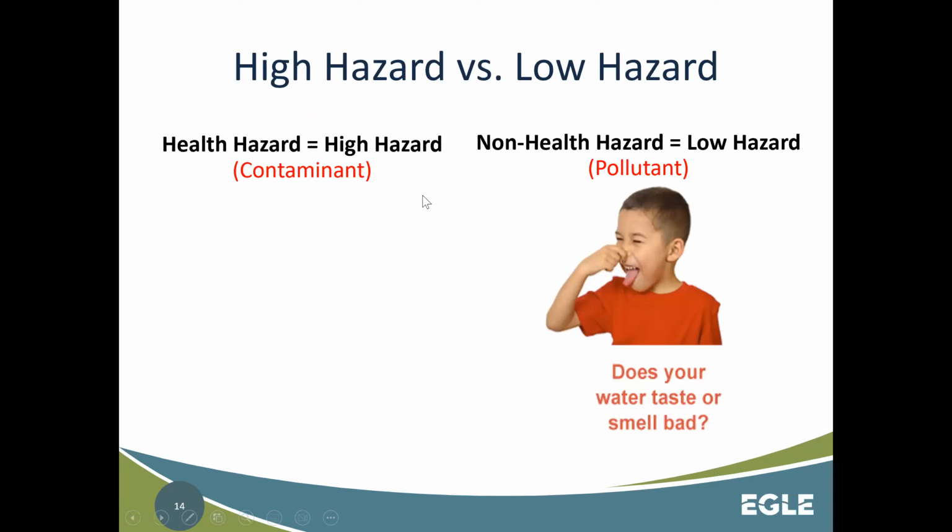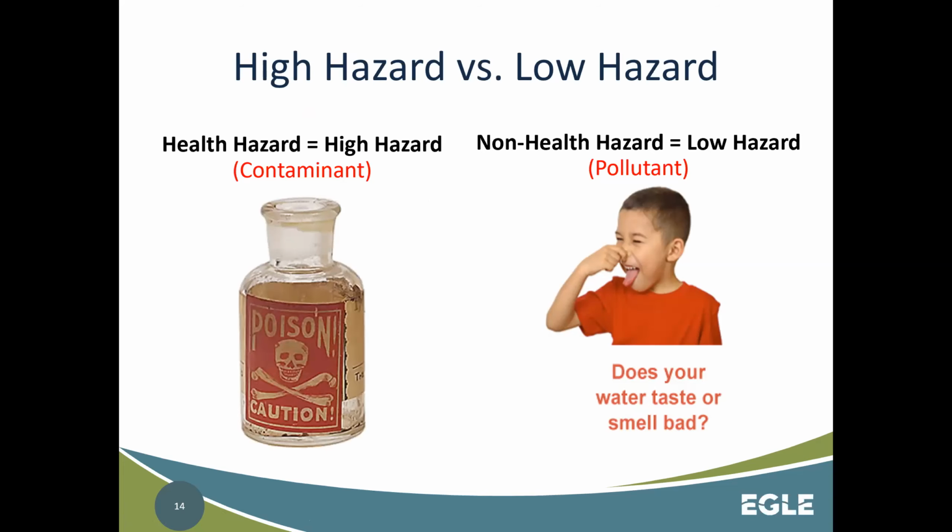Okay, so high hazard and low hazard, we use the words contaminant and pollutant. The reason that high hazard is considered a contaminant is it creates acute health conditions. And what I mean by acute health conditions is it causes immediate health risk.